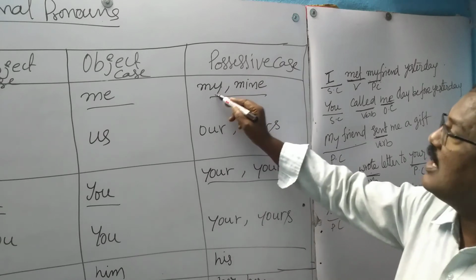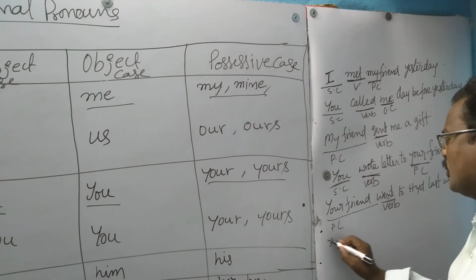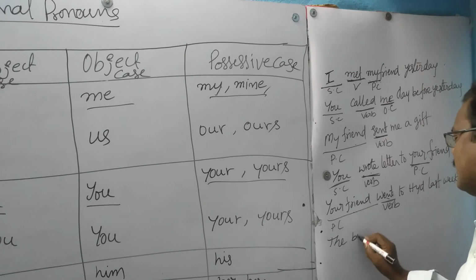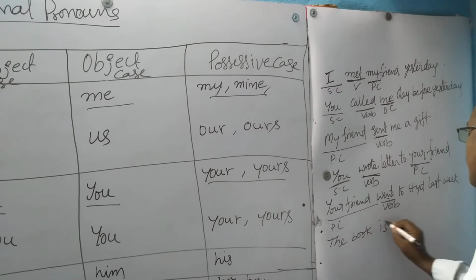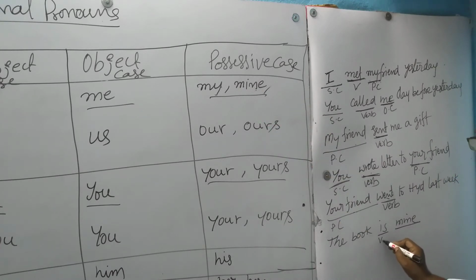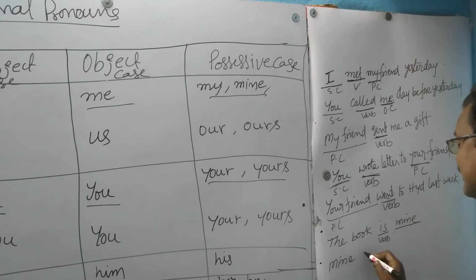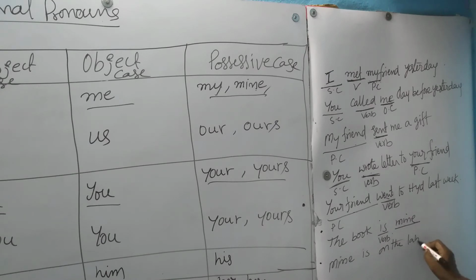Now come to the possessive case, another one is there. "The book is mine." Here this one is also a possessive case. We used it here after the verb. See here, "Mine is on the table."